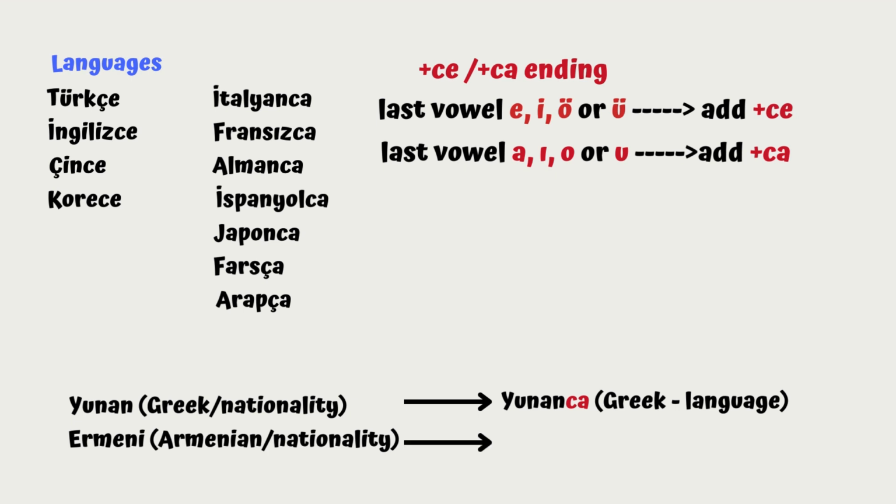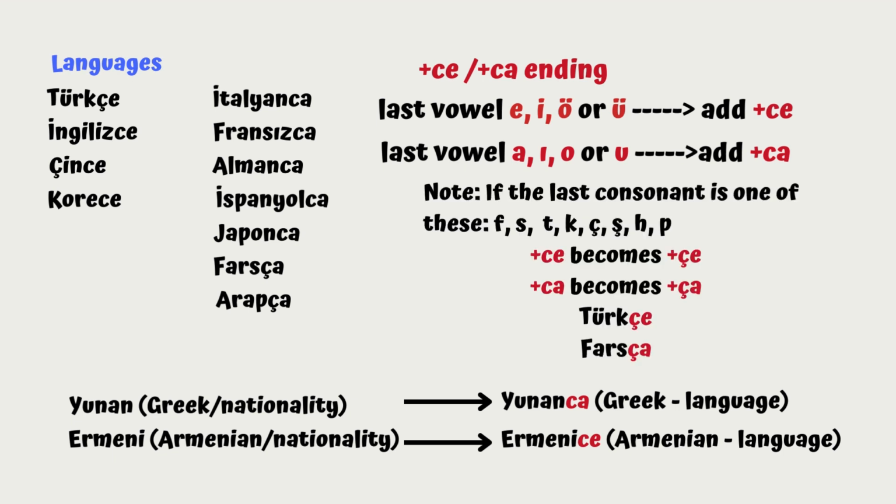Can you create a word for the language? Yep, Ermenice. So Armenian is the language now. Okay, so the last vowel was e, so I added ce and I made it a language. However, be careful, if the last consonant is one of these letters or sounds, c becomes ç, ca becomes ça. Like Türkçe, Farsça.